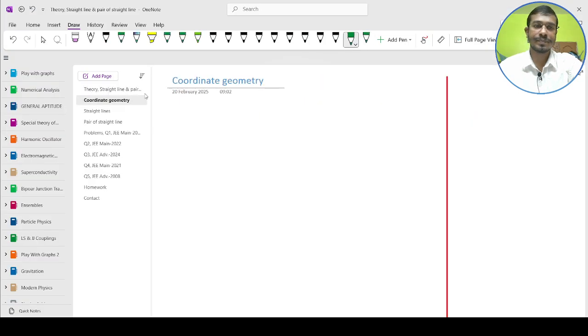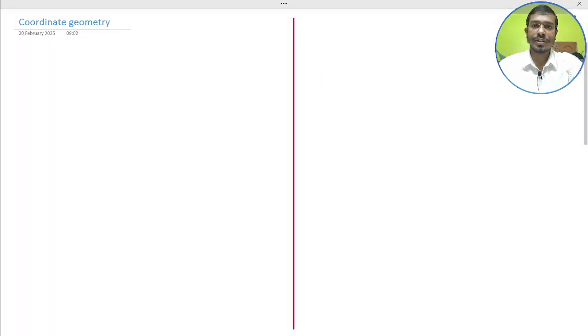Let's get started. So we now discuss, first of all, the chapter summary in a nutshell and the previous year problems coming from the JEE Main and the Advanced. So let's get started. The theory part, the coordinate geometry. So first of all, the distance formula.